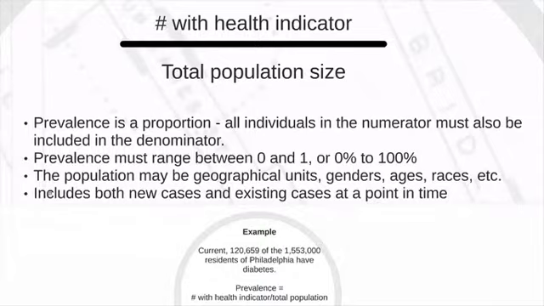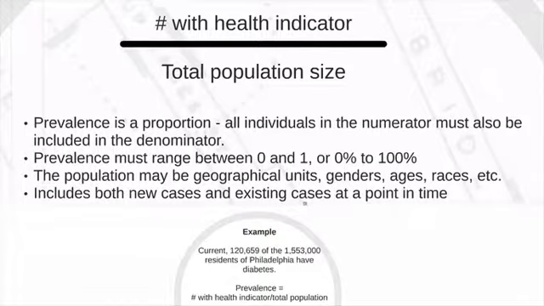A really important point for prevalence, which will differ when we get to incidence, is that prevalence includes both new cases and existing cases. Prevalence does not care if the person got the health outcome yesterday or 30 years ago. I like to think of prevalence as a snapshot in time.